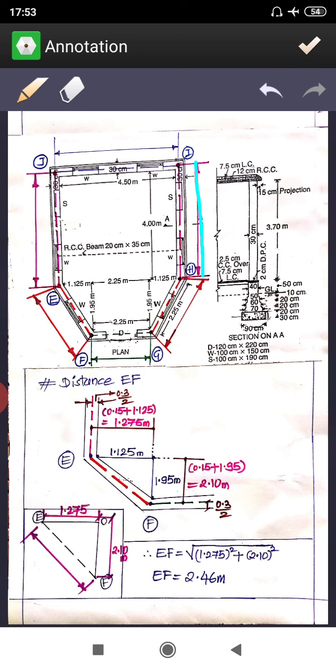Where does that one full width come from? You add half of the width on one side and half of the width on the other side. Half plus half is one full width. It is very simple.